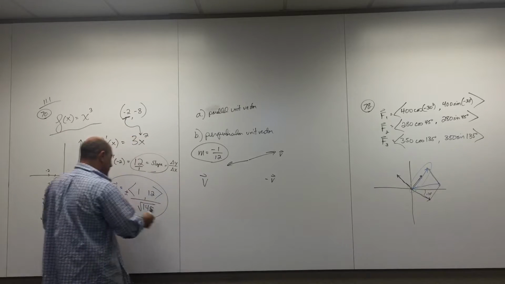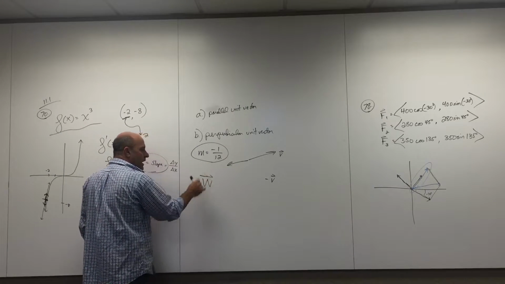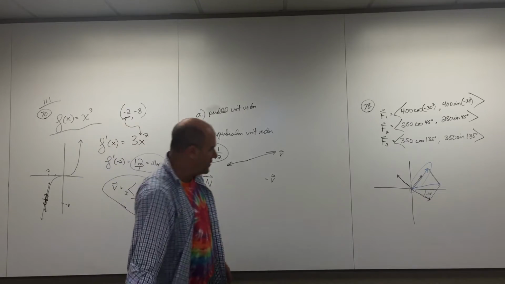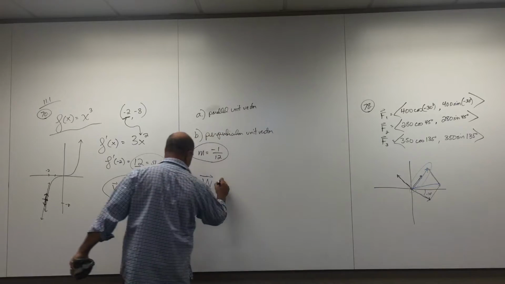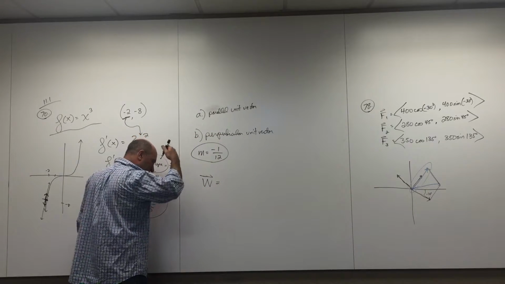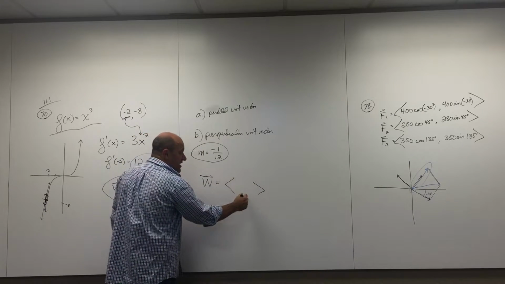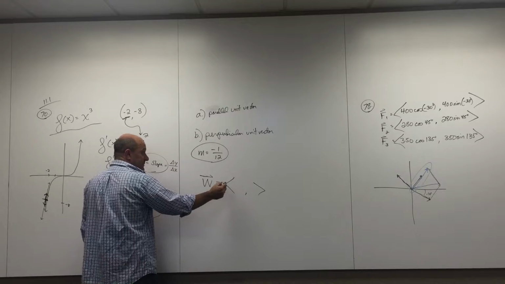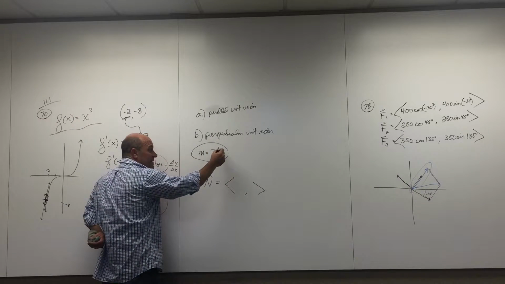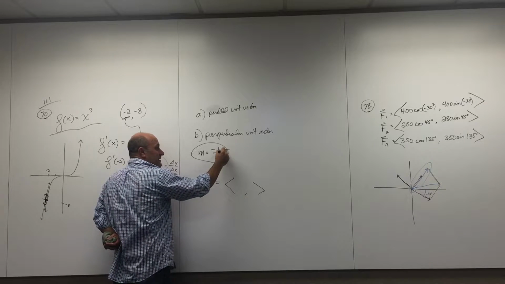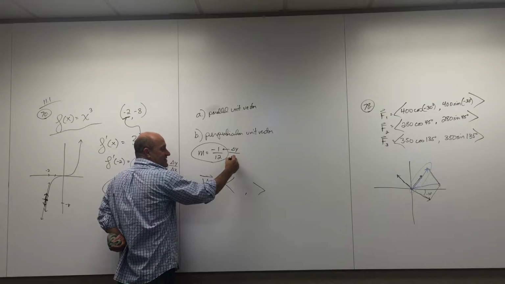Can you help me get a vector with a negative 1/12 slope? And by the way, if I call this V, I'll call this one W, just to avoid the same name. Can you write me a vector with a negative 1/12 slope? Again, we don't talk about slope with vectors, but we do have a change in x and a change in y. What's my change in x? No, because with slope, the ratio is the change in y over the change in x.